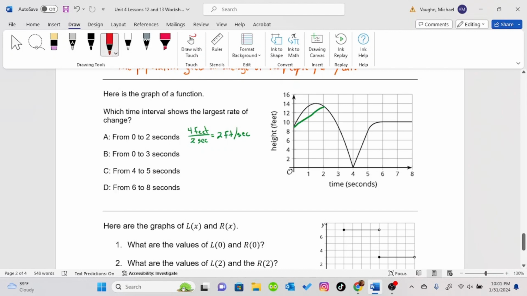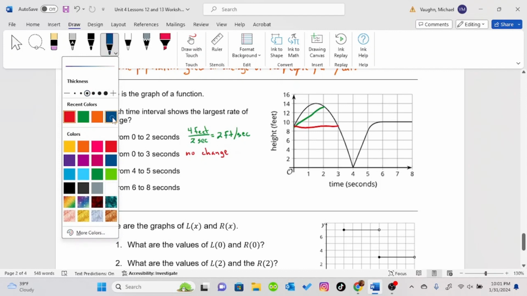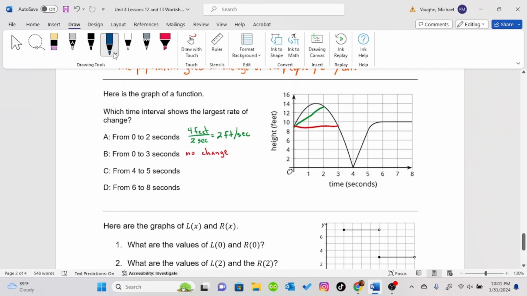The next one is 0 to 3 seconds. So that goes from 9 feet to 9 feet. That's no change. The next choice is 4 to 5 seconds.